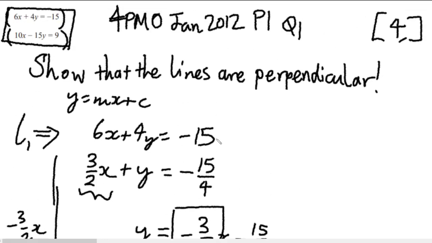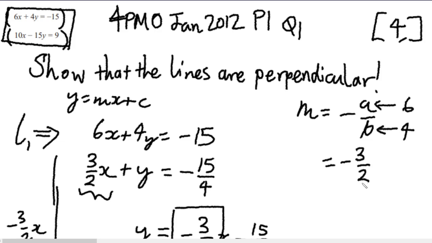Now, to have used the formula directly would require us to have the memorized knowledge that the gradient m is equal to minus a over b, where a is the coefficient of x, 6, and b is the coefficient of y, 4. And that would have also led us to the correct answer, minus 3 over 2.